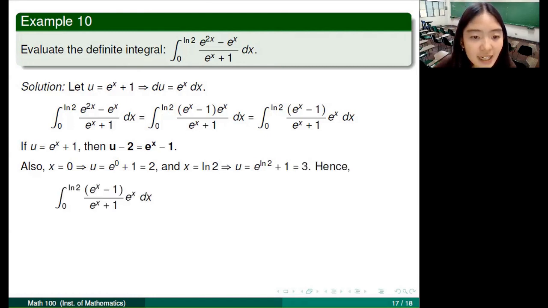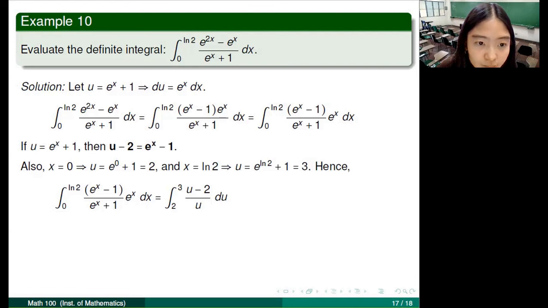Okay. Hence, rewriting our integral here in terms, everything in terms of u, we simply get this. Bakit ulit? Yung 0 naging 2, yung ln2 naging 3, yung e raised to x dx absorbed by du, yung denominator na e raised to x plus 1 ay si u na definition natin, and si e raised to x minus 1 nakuha as u minus 2 via translation.